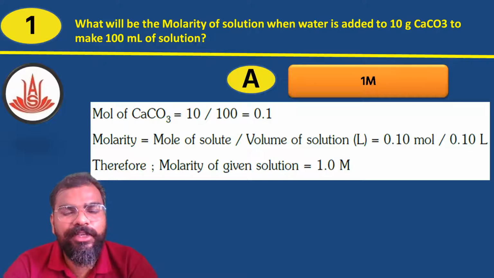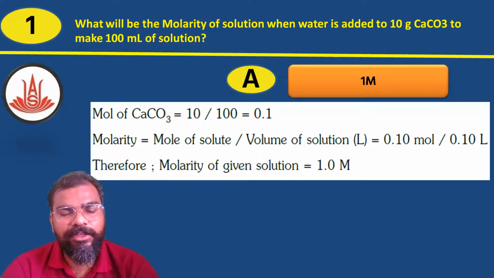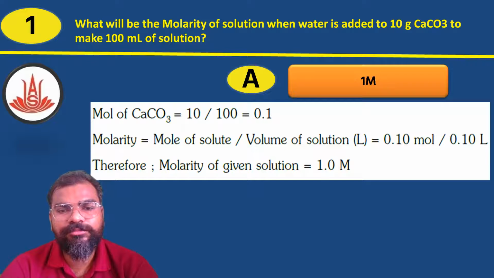See, mole of CaCO3, that is calcium carbonate, is weight upon molecular weight, that is 10 upon 100. It would be 0.1. Now molarity is equal to mole of solute upon volume of solution.